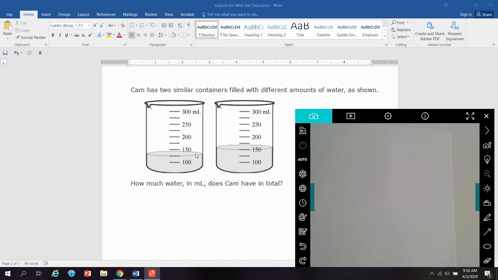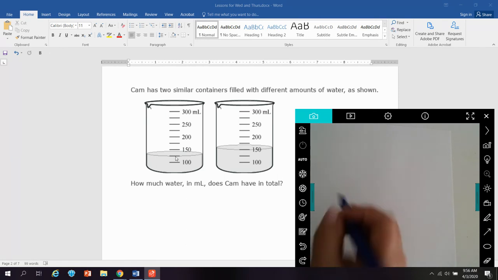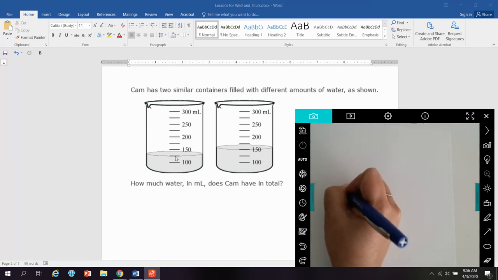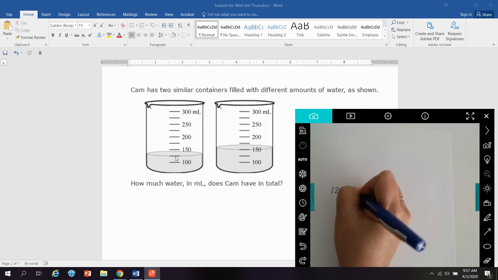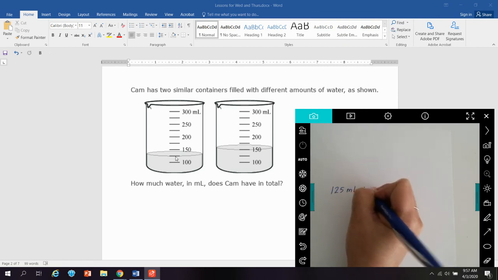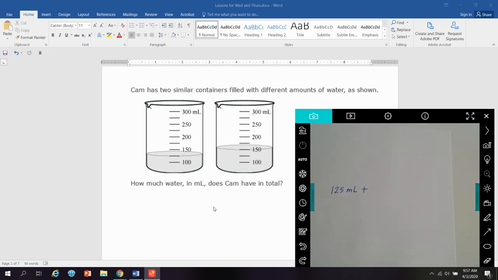So if you worked it out, you noticed again the interval, hopefully you noticed that the interval is counted by 50. Again, there were lines in the middle, so that tells me that that was 25. 125 is what you should have gotten for the first container. We're talking about milliliters. In total tells me I'm going to add, so I went ahead and put my plus sign.